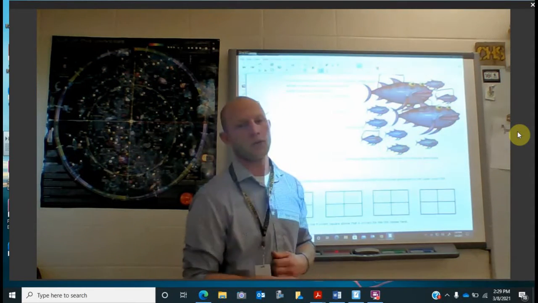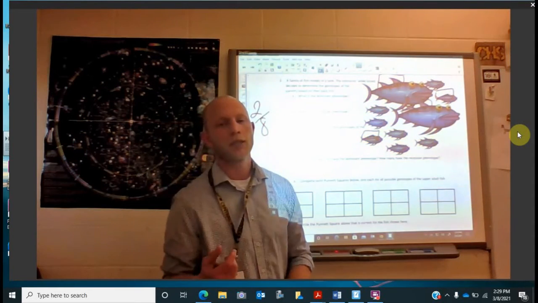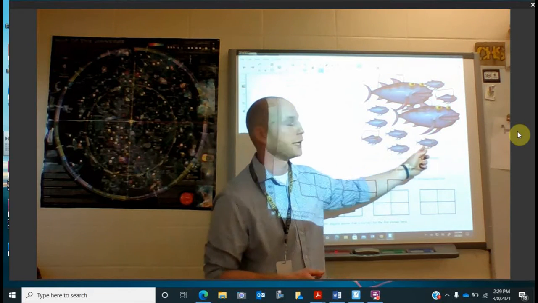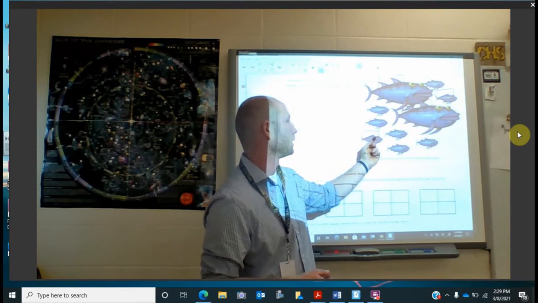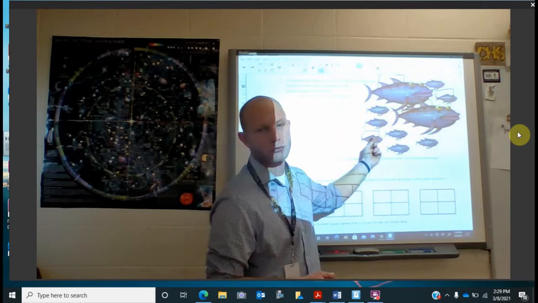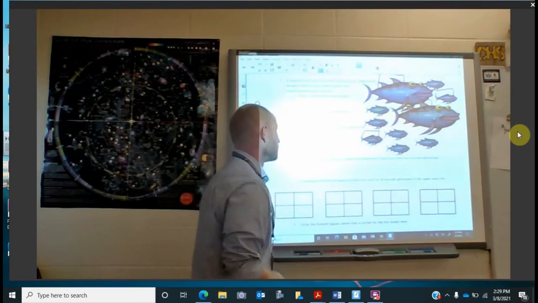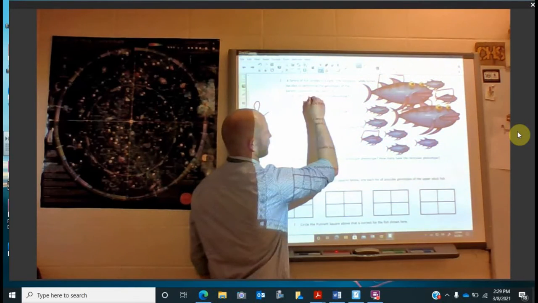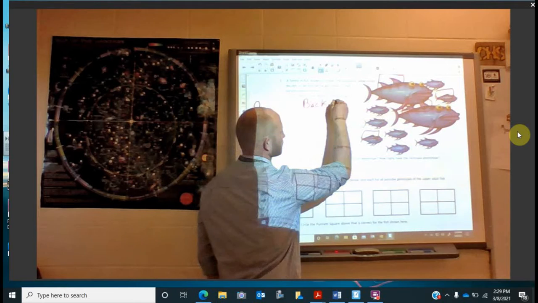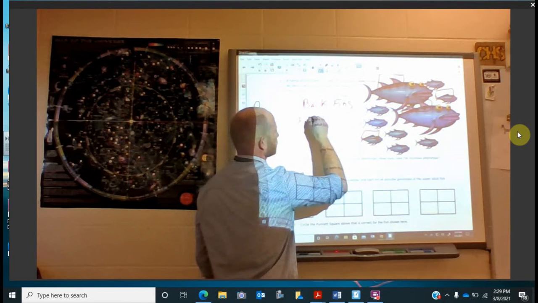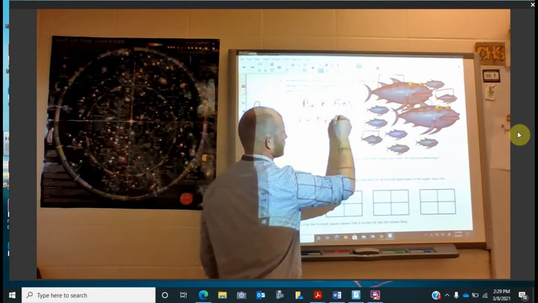This is how we know that back fins are dominant, because both parents have it and they pass it on to 3/4 of their offspring, and then somewhere along the line two of their offspring did not get that trait. So the dominant phenotype must be back fins. The recessive must be no back fins.